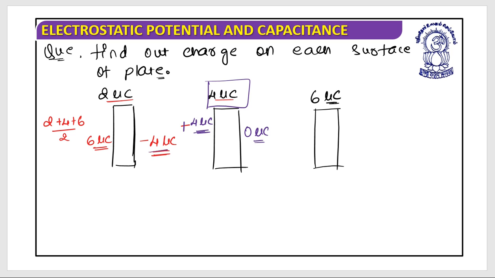And if it is 0 microcoulomb, no need to write minus of 0. I hope you understand this. Yes. So if this is 0, the total charge given on this plate should be 6 microcoulomb. So it would be plus 6 microcoulomb. Now again look that charge on this side and charge on this side are equal. I hope these things are clear to you.